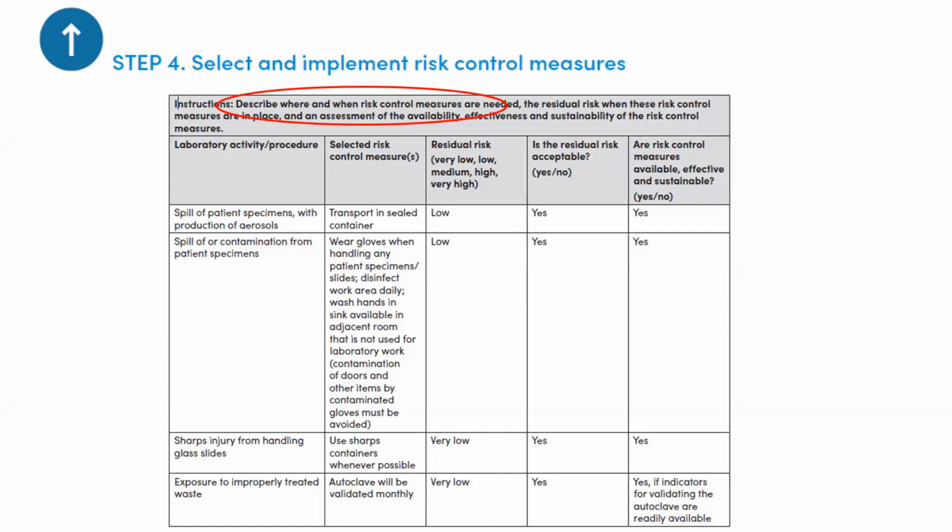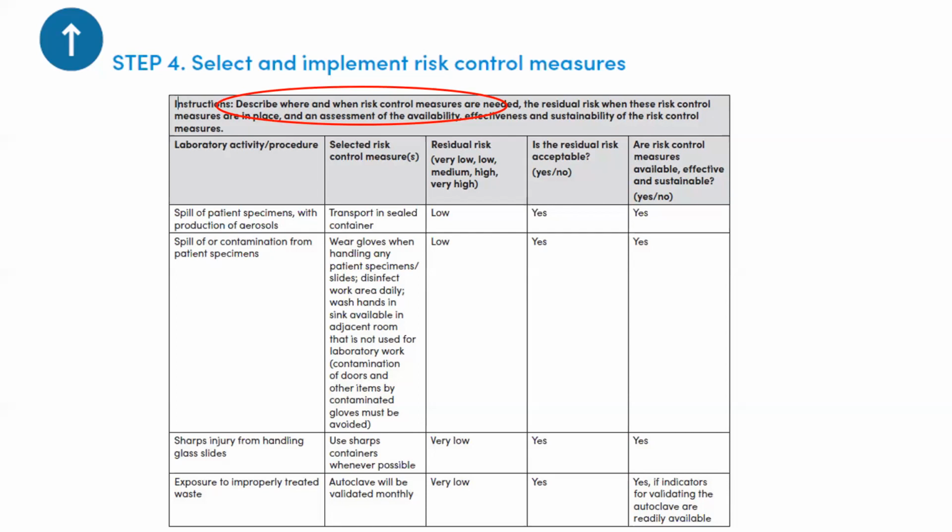Likewise, for contamination, spill or contamination of patient specimens, they added wearing gloves during all procedures. So apparently they weren't doing that. And then also very important, they're going to use a different sink. And so that went from medium to low. The residual risk with the addition of these controls has now become low.